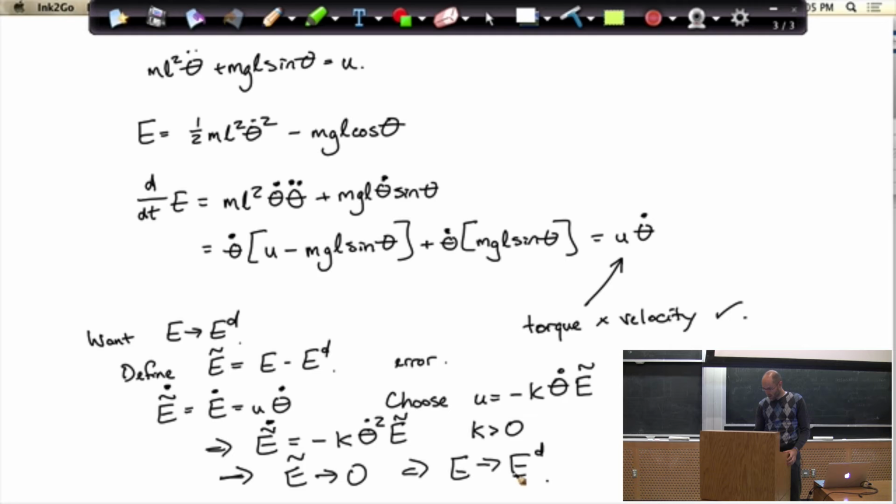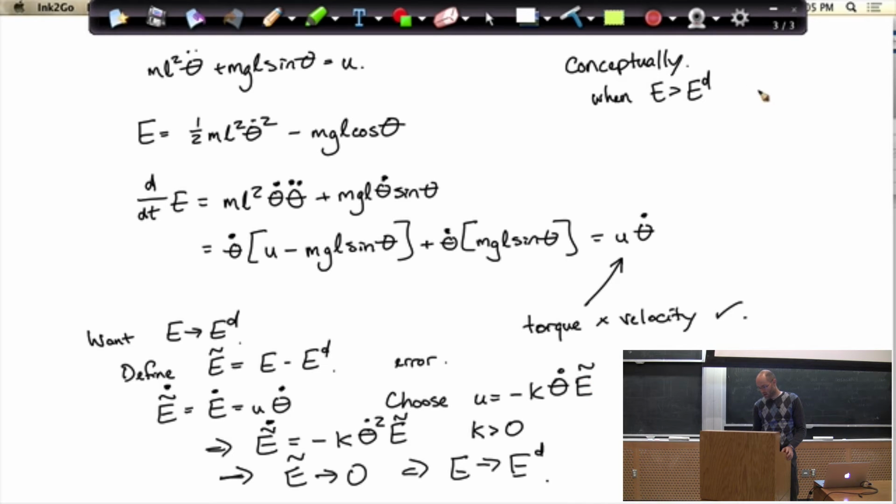Okay, so conceptually we can see that even more, right? If I think about this controller here, you could say when E tilde is positive, which is when my energy is greater than my desired energy, then you're going to have a positive number times this.